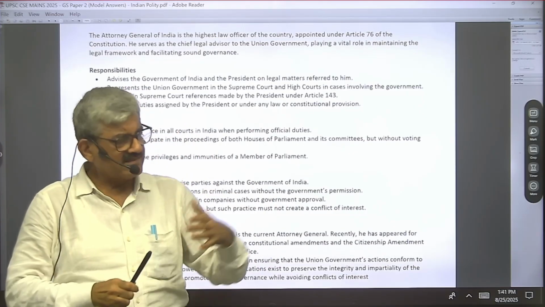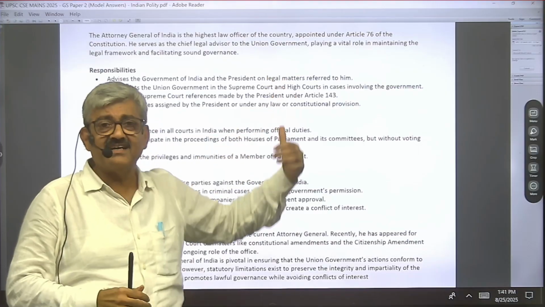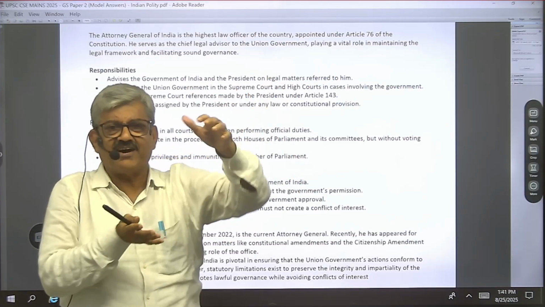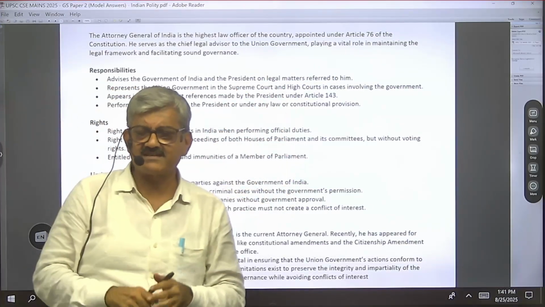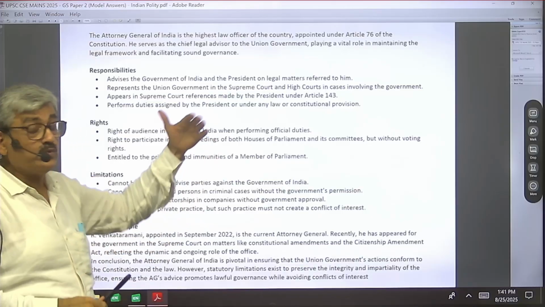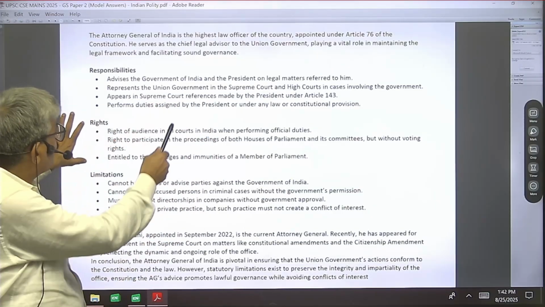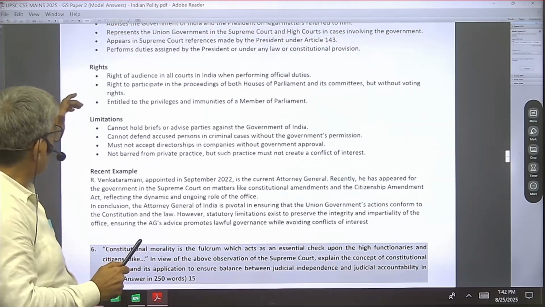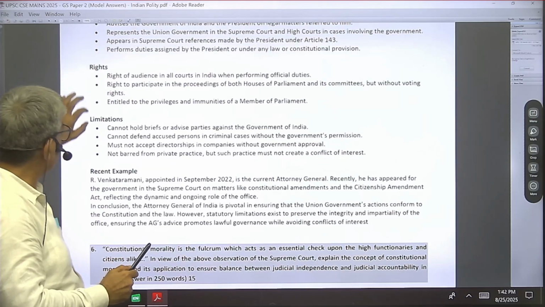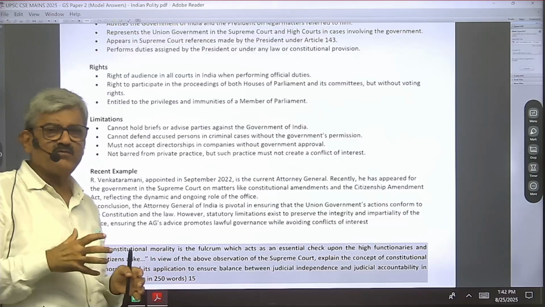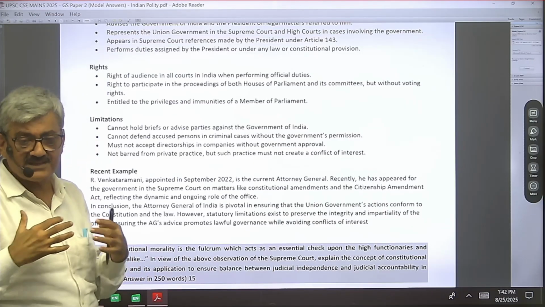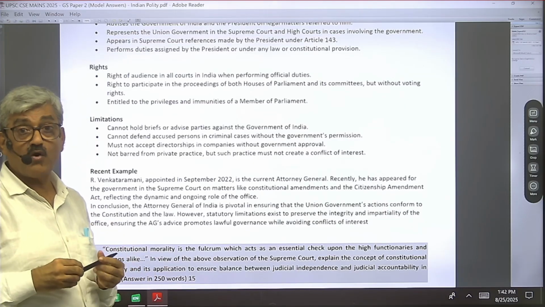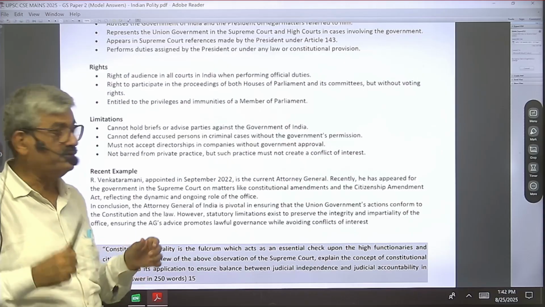But since his role is legal advisory, I have classified it, for discussion purposes only, in the judiciary part, and therefore we find a question on the Attorney General also. We all know what his rights are, how he governs, and what the limitation is. He came into focus because of his large presence in the Supreme Court and almost all cases being won for the Union Government.